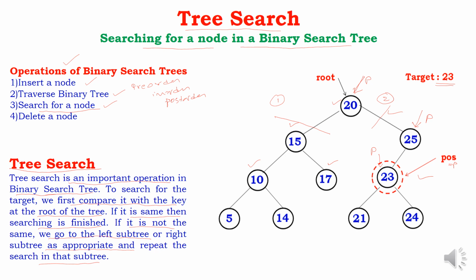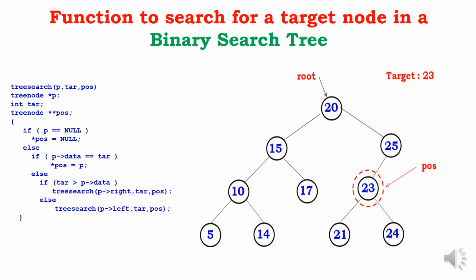We implement the same using a function, an algorithm. Let me explain the function to search for a target node in a binary search tree. The figure shows a binary search tree. A binary search tree is a binary tree containing some nodes.